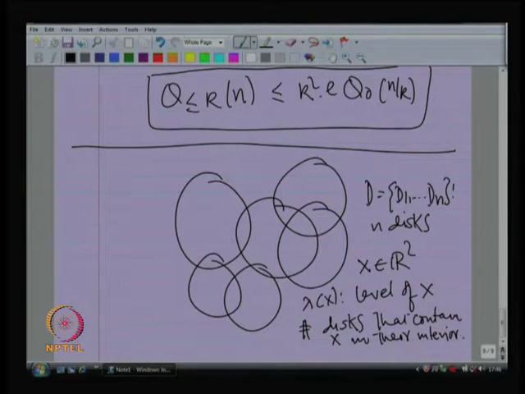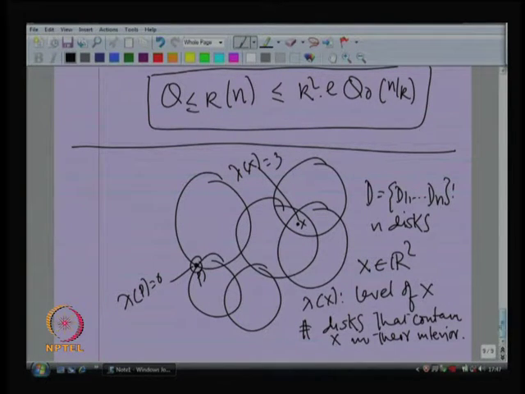So, for example, if I look at this point x, its label is 1, 2, 3. If I look at this point, although it lies on the boundary of two disks, it does not lie in the interior of any disk. So, its label is 0.